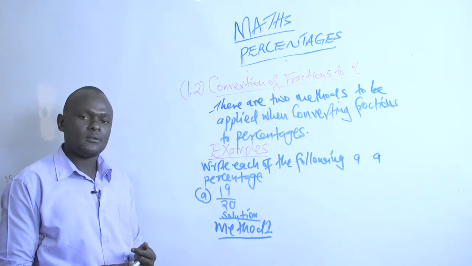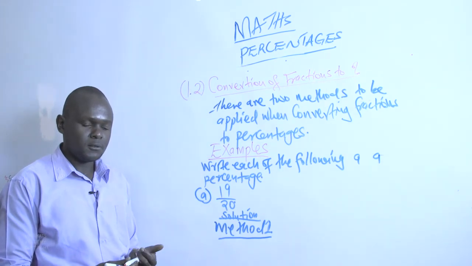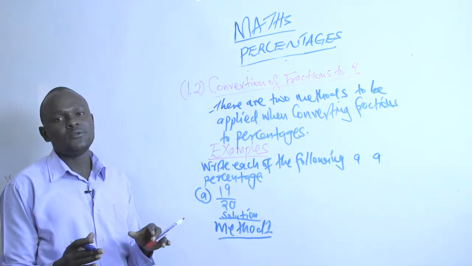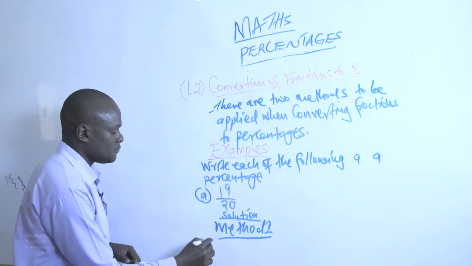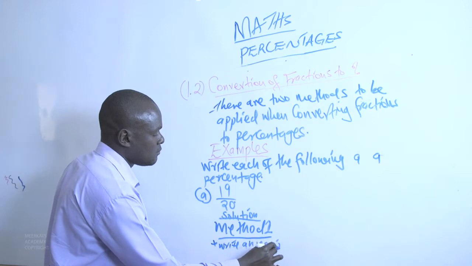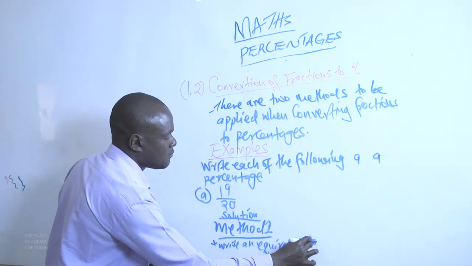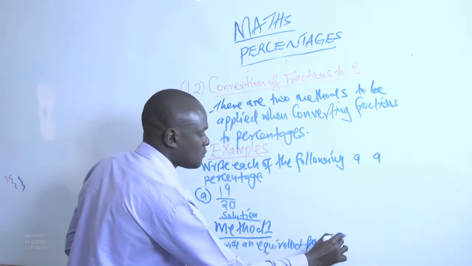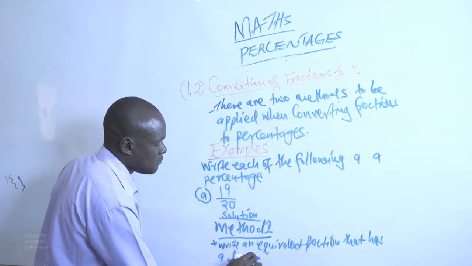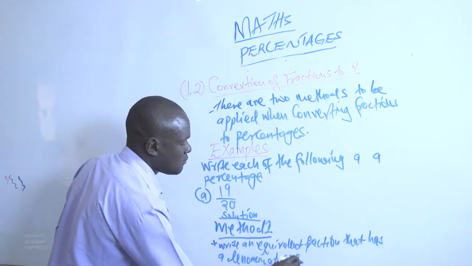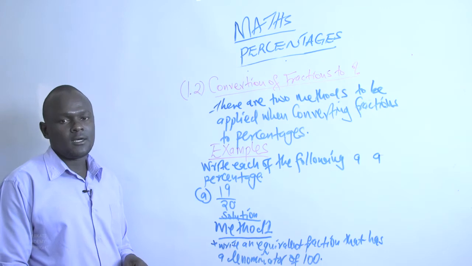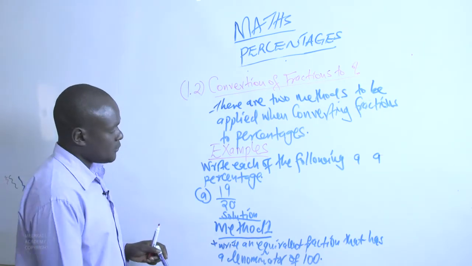In this first method, we are going to write an equivalent fraction that has a denominator of 100.